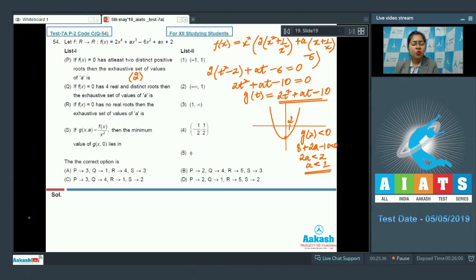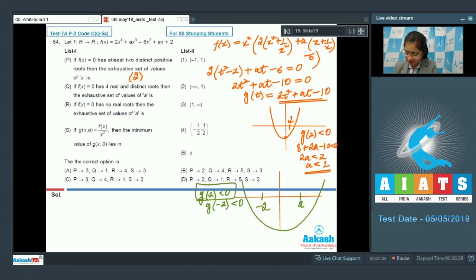Now Q says that f(x) equal to 0 has 4 real and distinct roots, then the exhaustive set of values of a is. For 4 real and distinct roots, g(t) should have one root greater than 2 and one root less than -2. That is, the graph should be something like this, which means that g(2) should be less than 0 and g(-2) should also be less than 0.